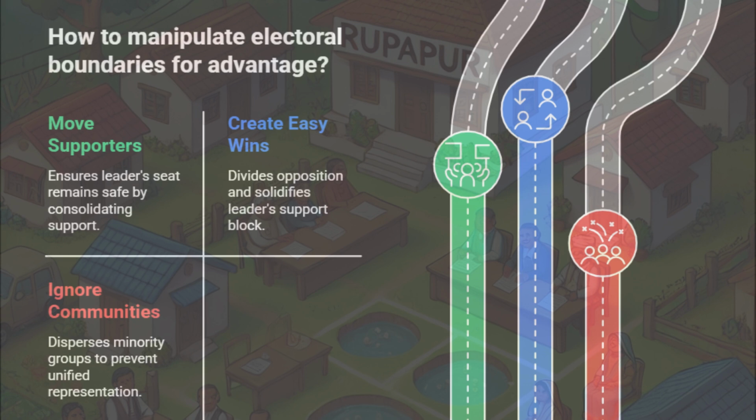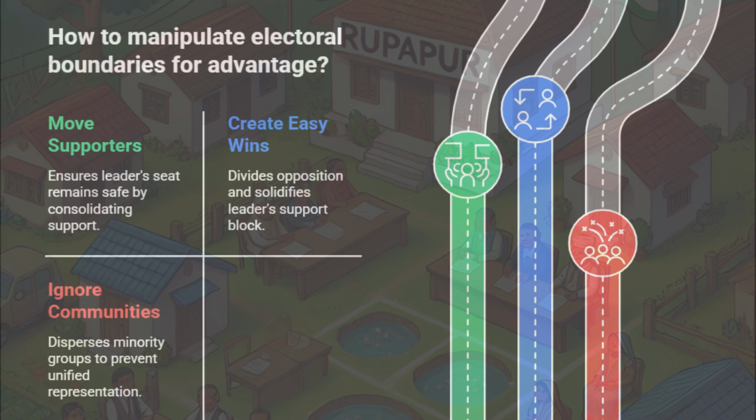This way, he ensured his seat remained safe even after delimitation, creating easy wins. Another leader split an opposing group into 2 different wards, making it harder for them to unite and defeat him. He made sure his own supporters stayed in one block, giving him an unfair advantage, ignoring certain communities.